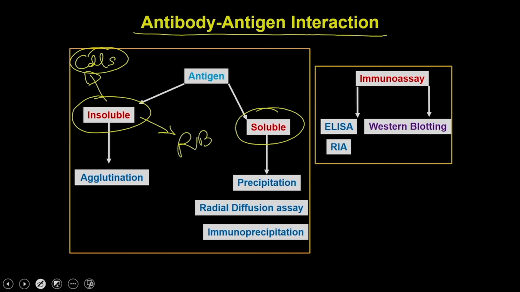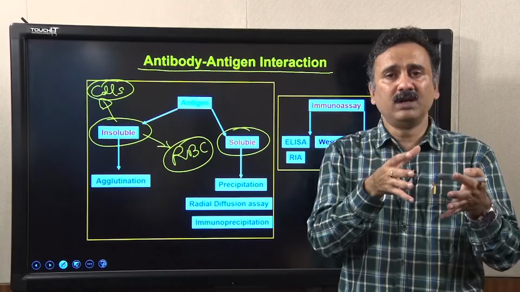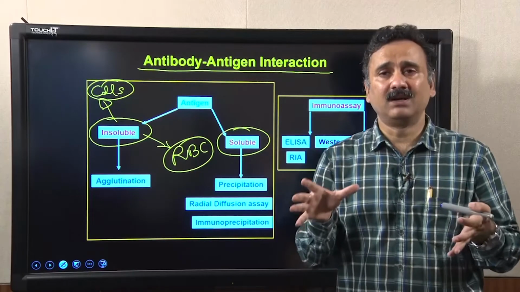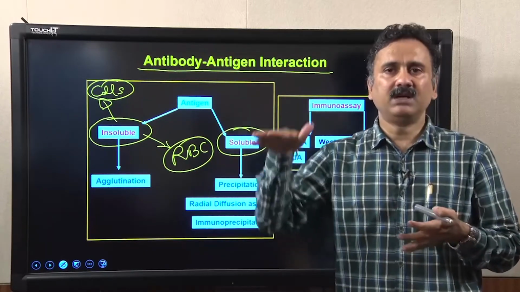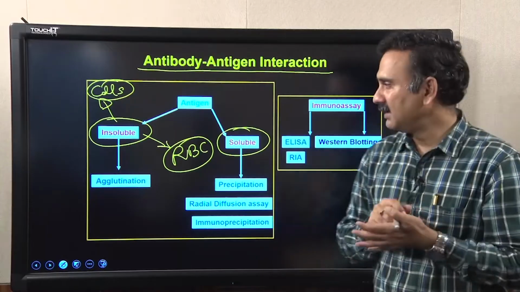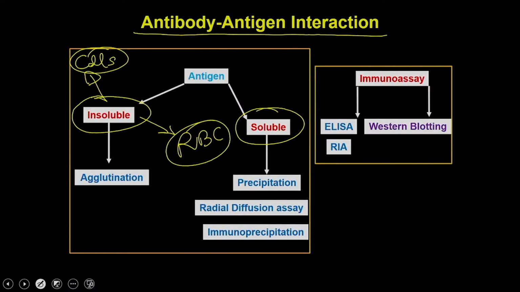RBC is an antigen which is not soluble in solution and forms particulate matter. If you keep the RBC in any buffer, it is going to settle down. That is why it falls under the category of insoluble antigens.